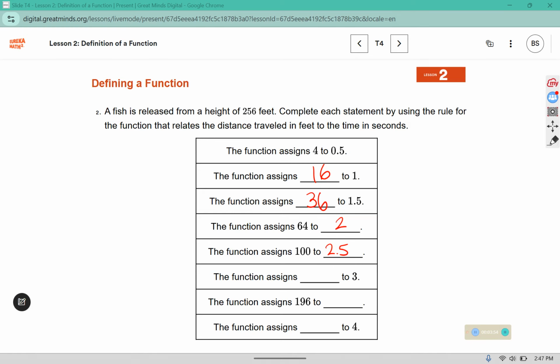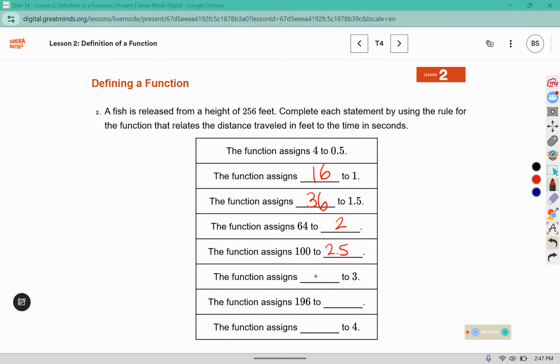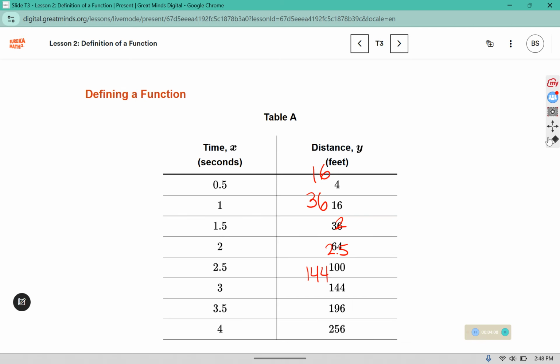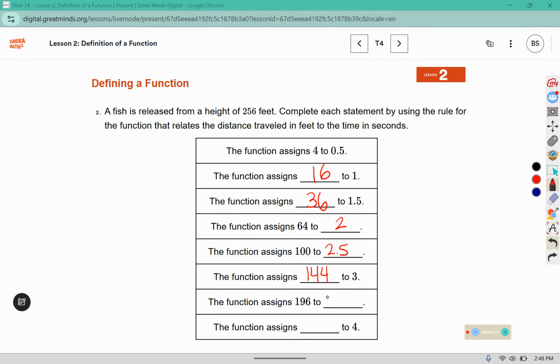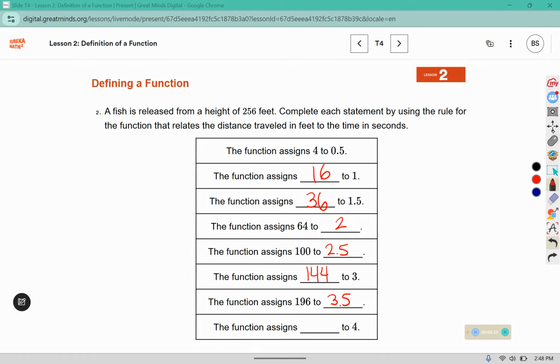For 3 seconds, we used 144 feet. For 196 feet, it took 3.5 seconds. And in 4 seconds, it drops 256 feet.